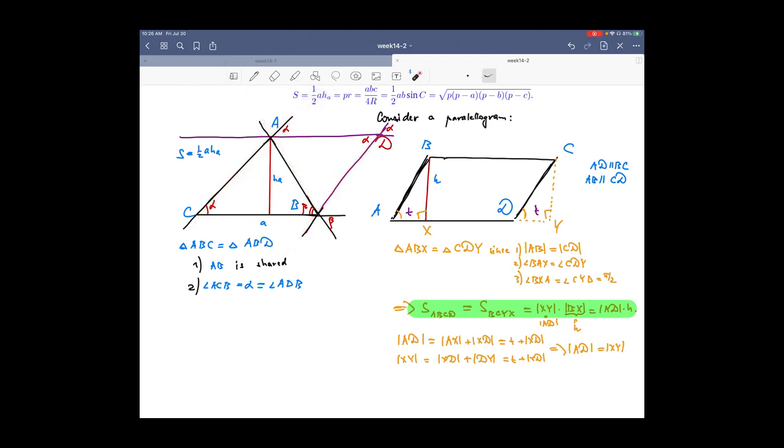We also have this beta. And therefore this also is beta.